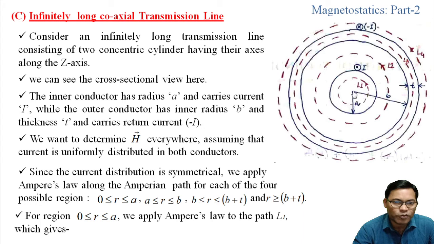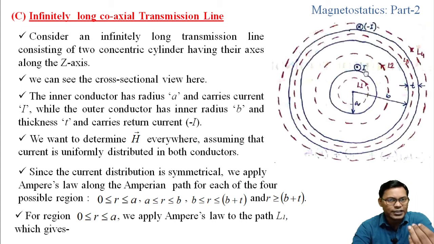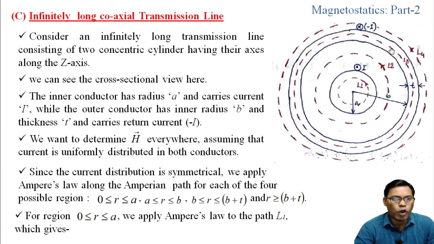And the radius of the inner conductor is a, and it is carrying the current I, and the current is coming out. While the outer conductor, this is the outer conductor, blue line, this is a strip, circular strip.